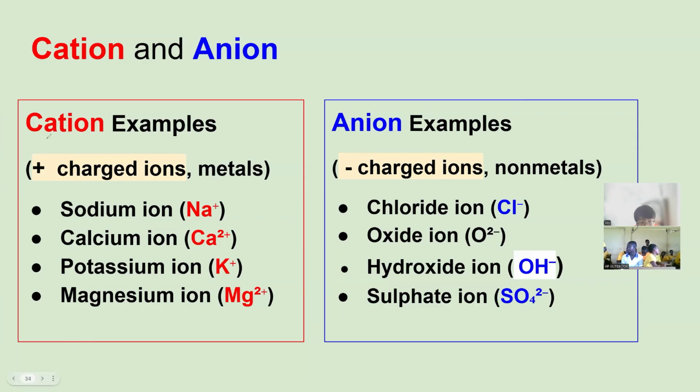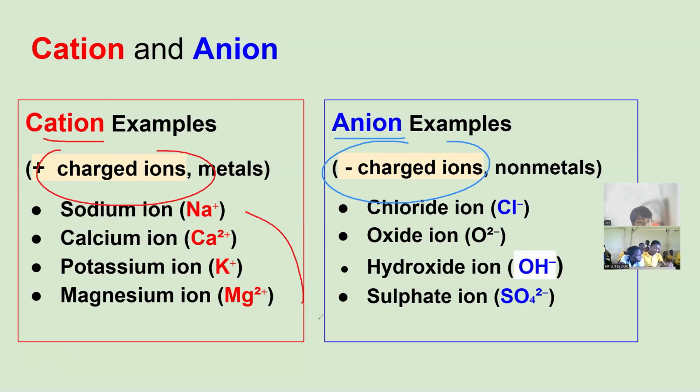So we've talked about cations having positive charges and anions having negative charges. Examples of cations are sodium, calcium, potassium, and magnesium. All of these are cations.